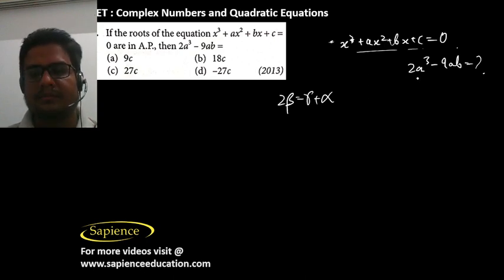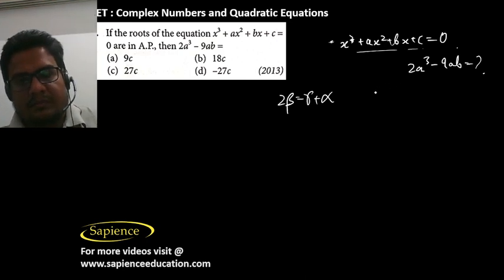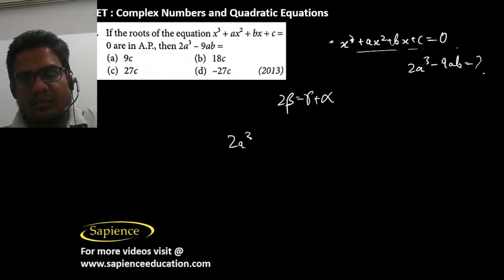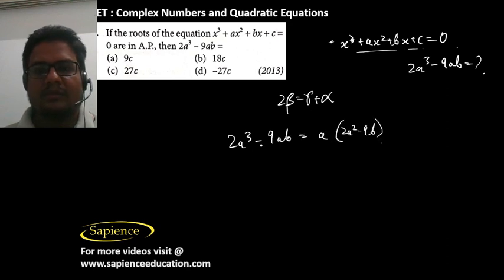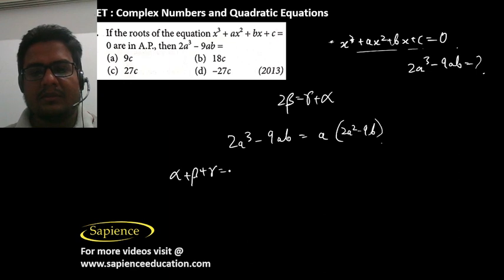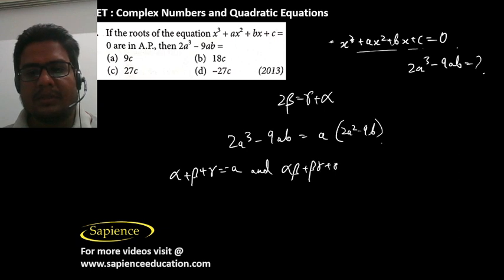Now 2a cube minus 9ab, so that will be a into 2a square minus 9b. Now we know that alpha plus beta plus gamma is equal to minus a actually, and alpha beta plus beta gamma plus gamma alpha is equal to b, and alpha beta gamma is equal to minus c.